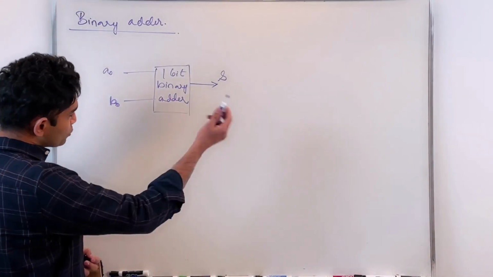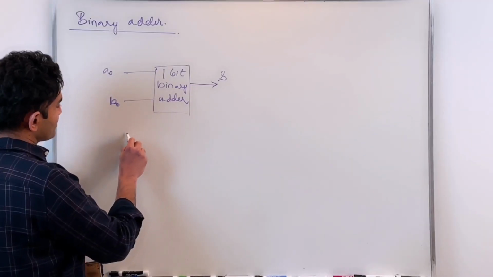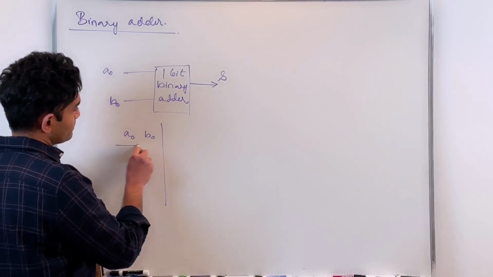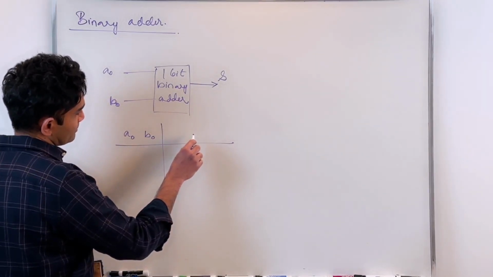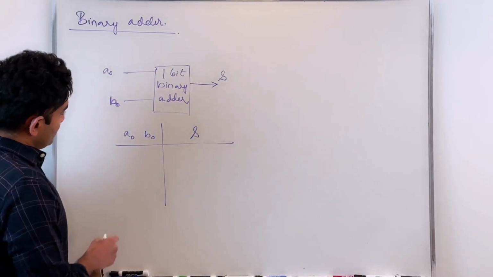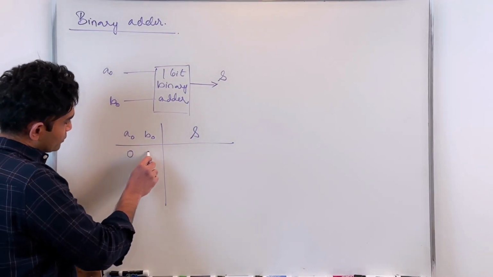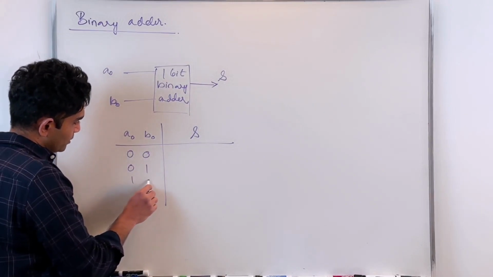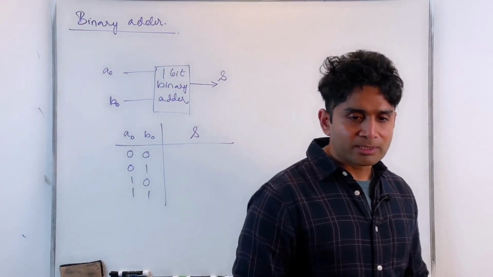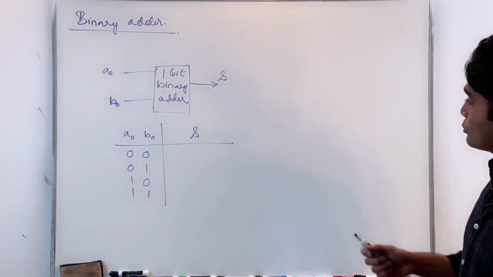And let's draw the truth table now. For this, I have A0, B0, and let me call it sum. Let's list out all possibilities: 0, 0, 0, 1, 1, 0, 1, 1. What my system is doing is trying to add those two bits together.